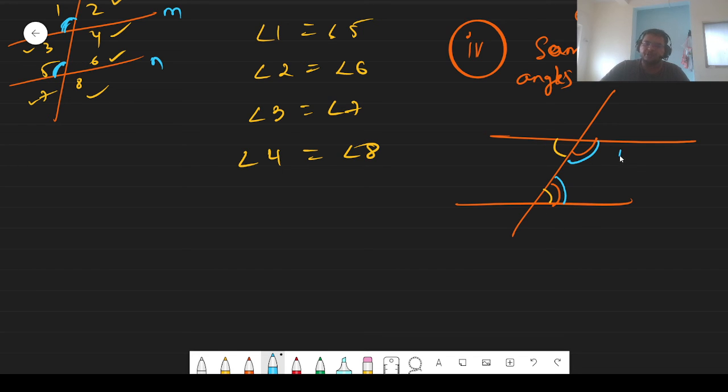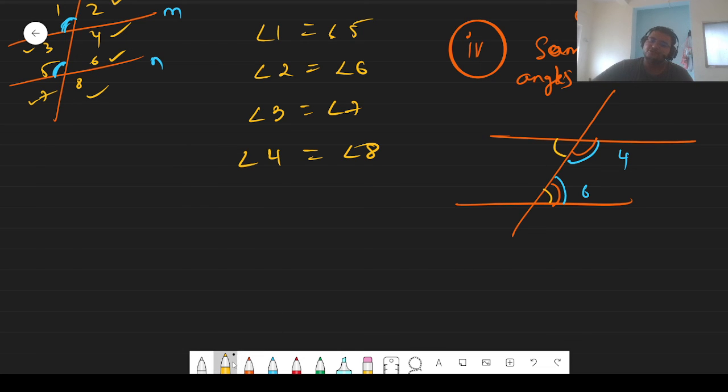So which are they? 4 and 6. Okay, I have made a mistake here, it will be same side interior angles. Side means on the same side. If it is the right side, then the right side interior angles, on the left side, the left side interior angles. So 4 and 6 are same side interior angles, meaning it is on the right side of the figure.